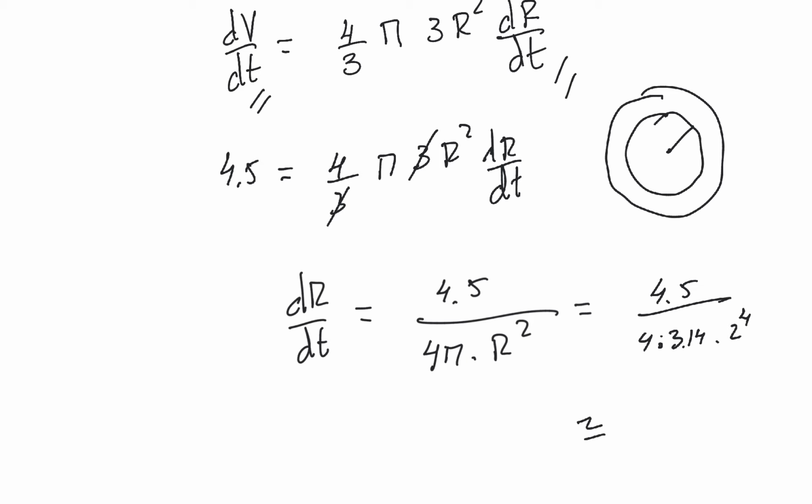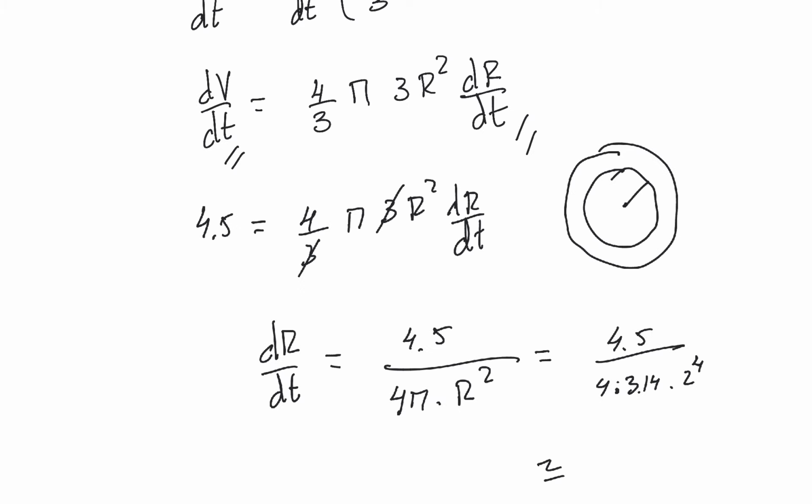And this will be approximately 4 by 4 is 16. 4.5 divided by 16 multiplied by 3. Let's leave it like pi. 16 pi.